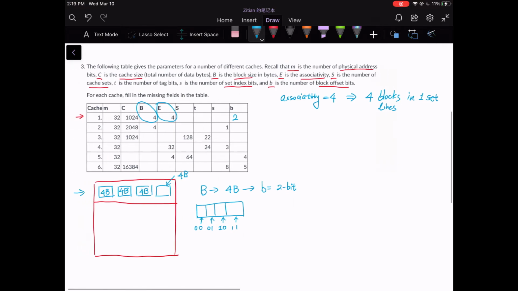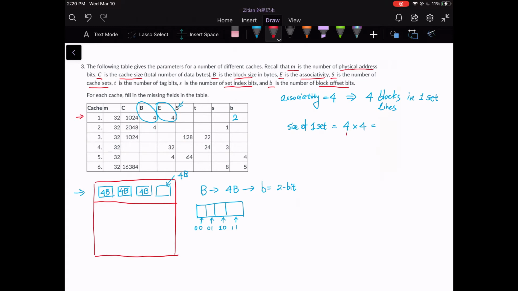And the next question: what is S? S is the number of cache sets. Since we know inside one set we have 4 blocks or 4 lines, what is the size of one set? That is equal to 4 times 4, right?